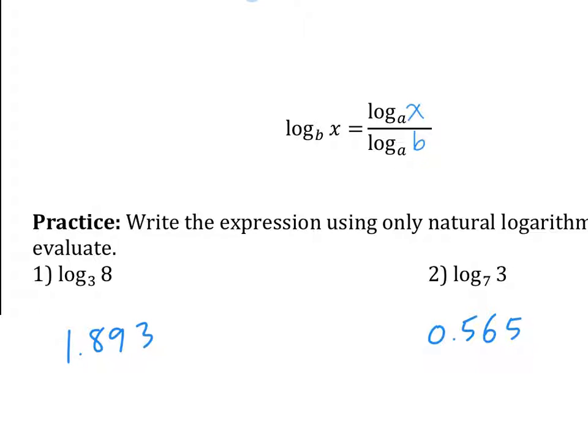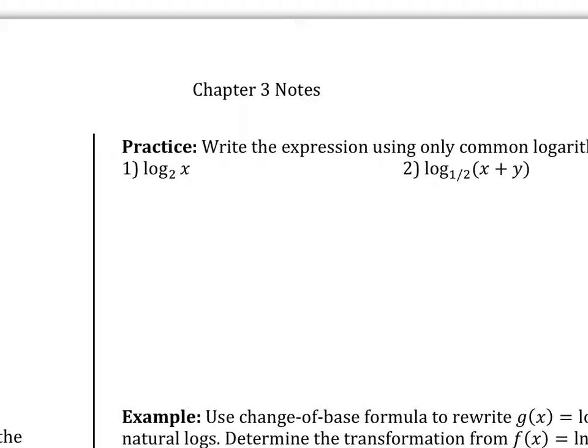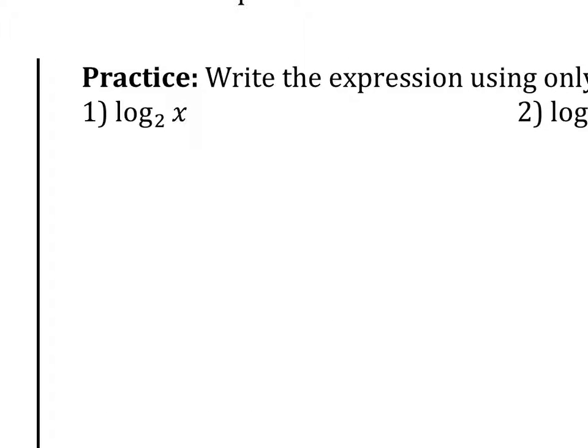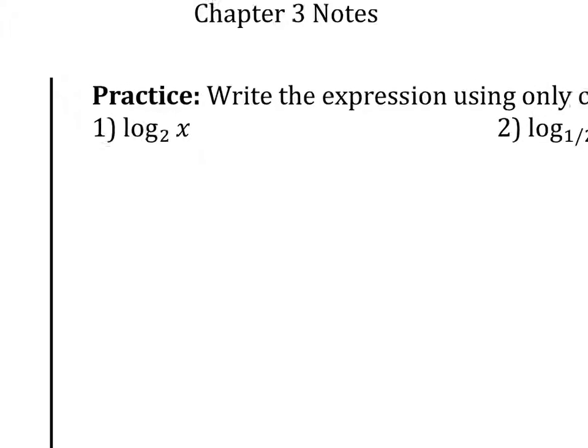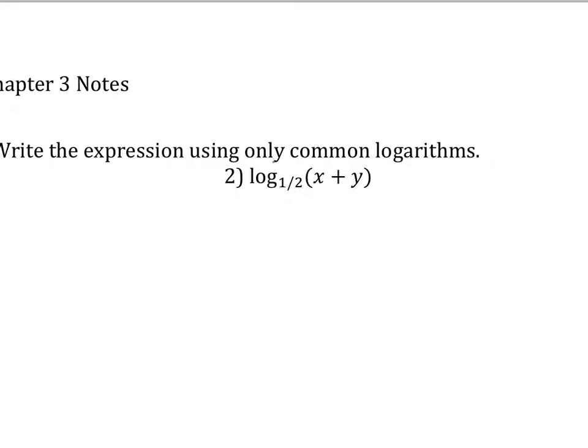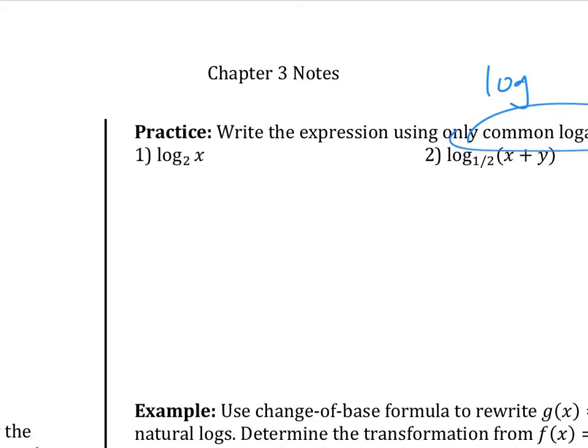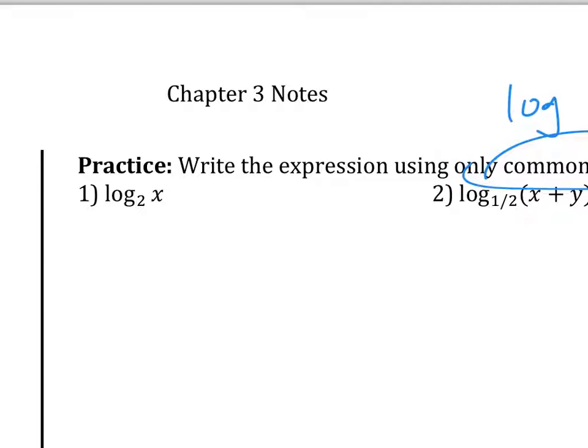Okay, now we can do change of base on things that don't actually have numbers. For example, log base 2 of x. And this question says, using only common logs. What is a common log? Log base 10, so just log. So they want you to change it so it's just using logs with no other base.